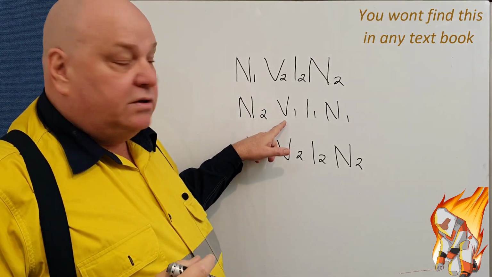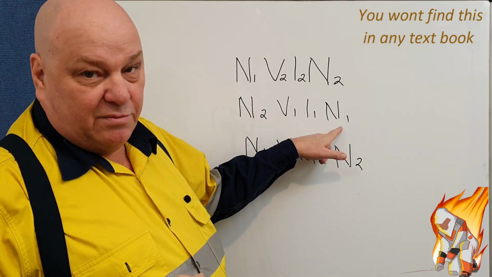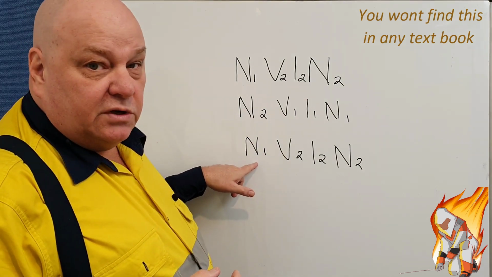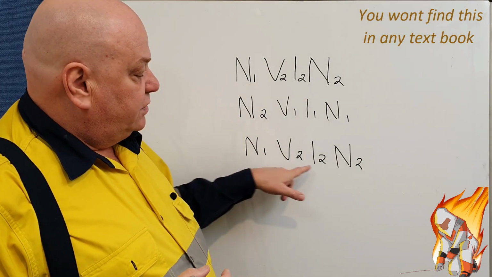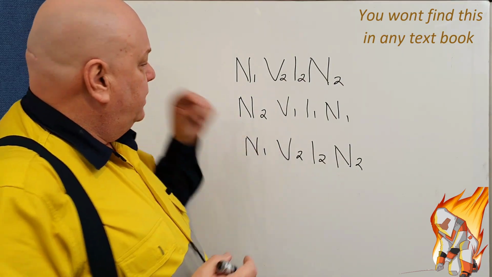And then we've got the voltage on the primary, current on the primary, number of turns on the primary, and then we're back to number of turns on the primary, voltage on the secondary, current on the secondary, and number of turns on the secondary.